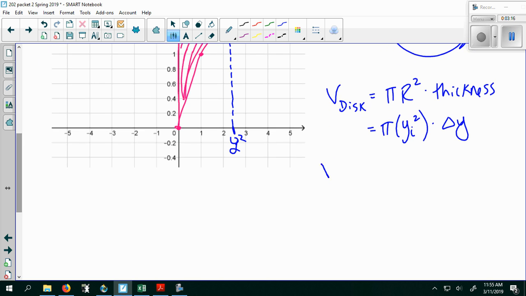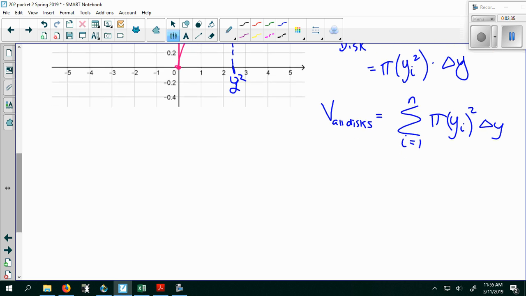And the volume of all the disks is the sum where each disk has this volume, i goes from 1 to n. So I'm going to have n disks and add them all up.